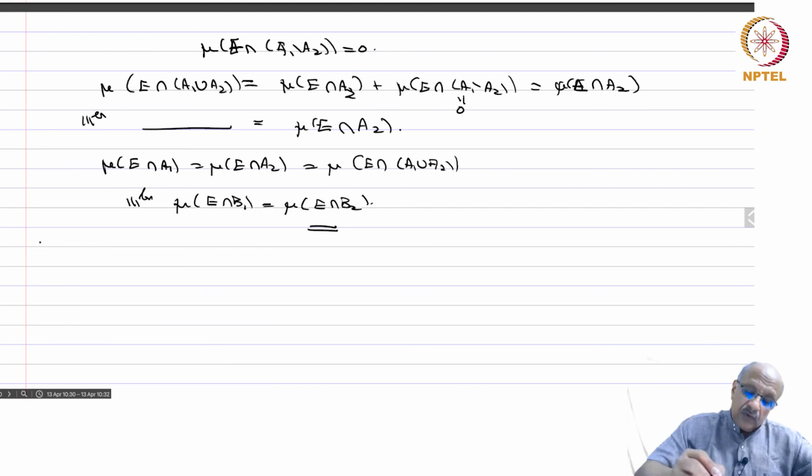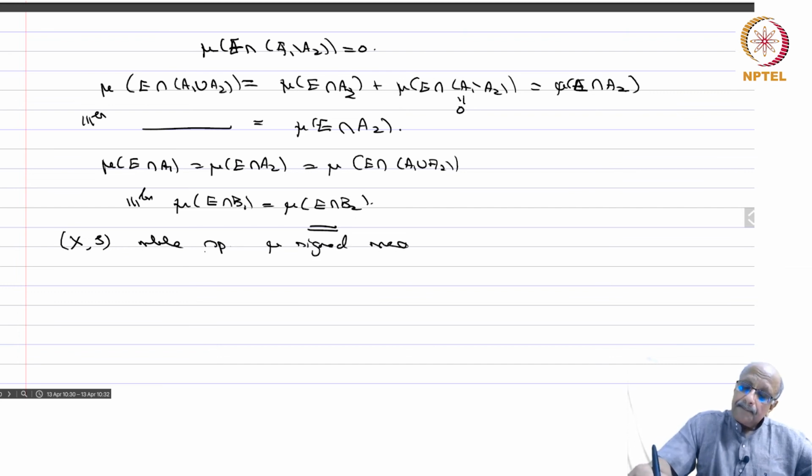So now you define: X, S a measurable space and mu a signed measure, and X equals A union B is a Hahn decomposition.